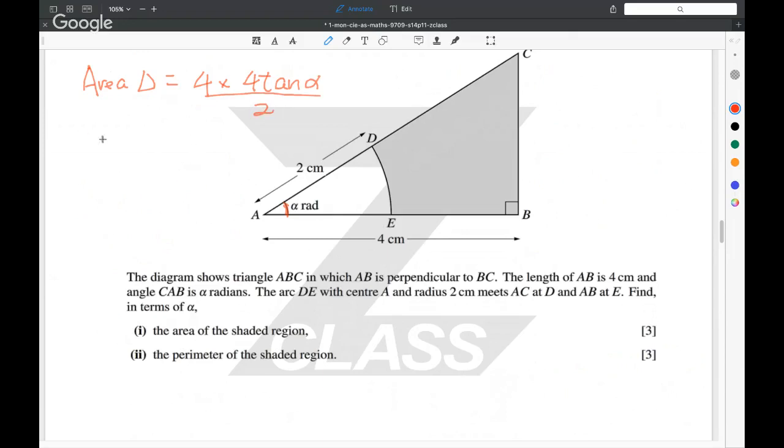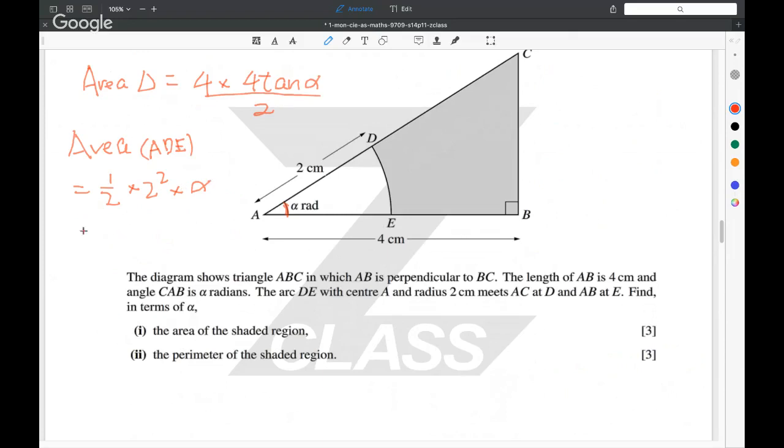And now we want to know the area of the little sector of the circle, ADE. That is given by the formula half times radius squared, which is 2 squared, times the angle at the center, so alpha.